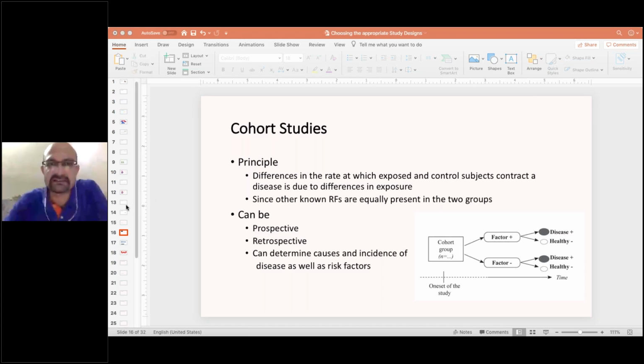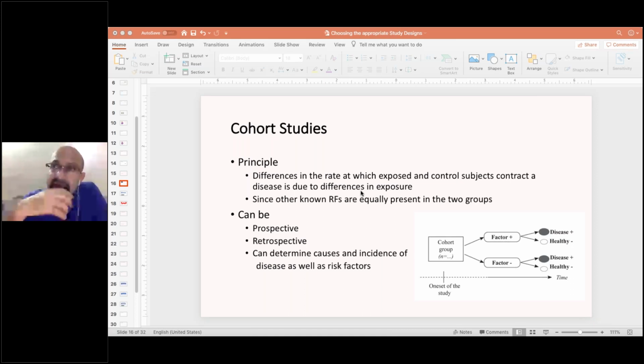Basically, cohort studies are ones in which we have a group which we recruit for a study at a particular time. Some of them may have an exposure, some of them don't, and we follow them over time to see how many of them develop the disease.